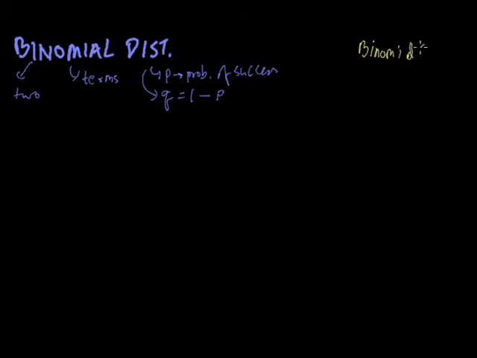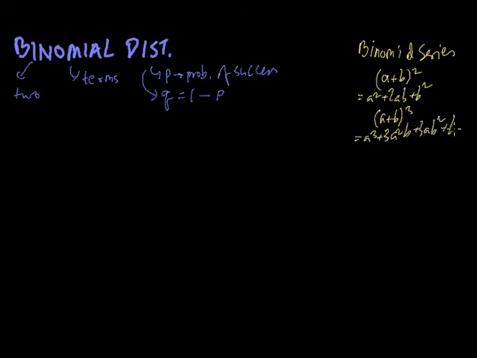The binomial series is two terms expanded. It can be (a plus b) squared, which is a squared plus 2ab plus b squared, and (a plus b) cubed, which is a cubed plus 3a squared b plus 3ab squared plus b cubed.